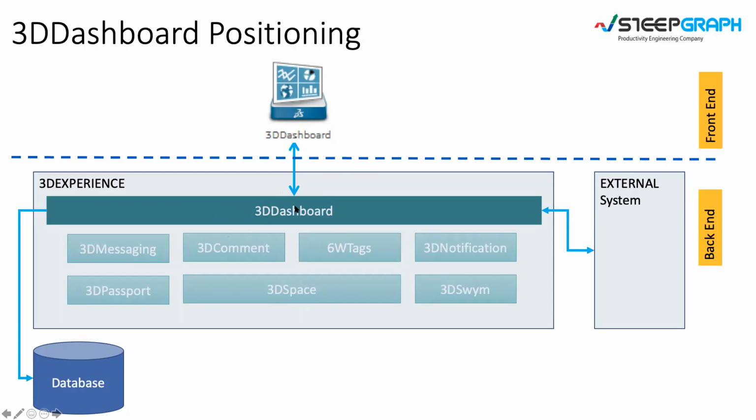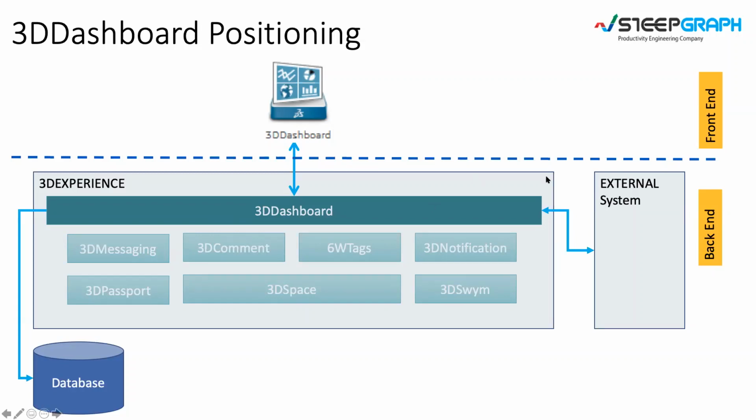The front end of the 3D dashboard talks to the 3D dashboard component on the server side, and it connects to other applications through web services. So it can connect to 3D Space, and it can fetch information from the action system or whatsoever. That's how it works.